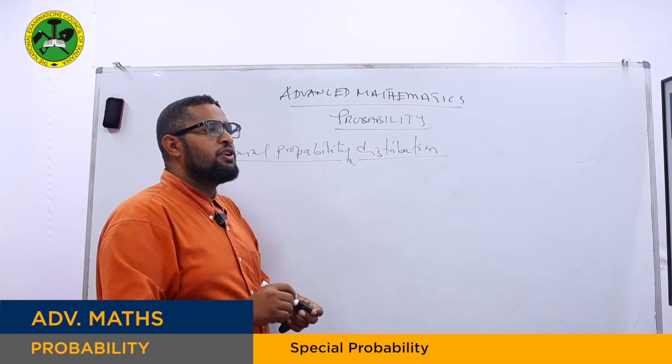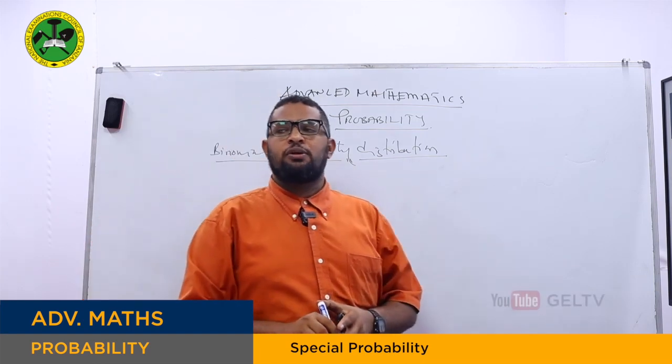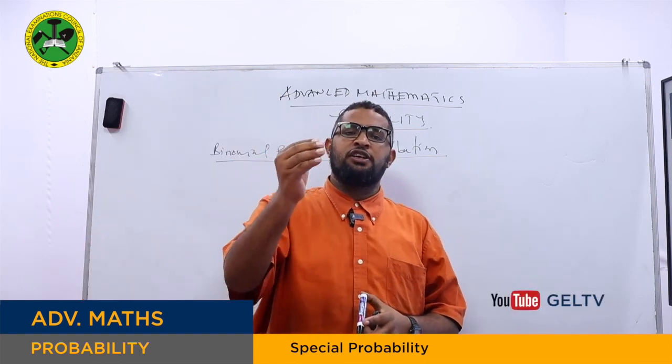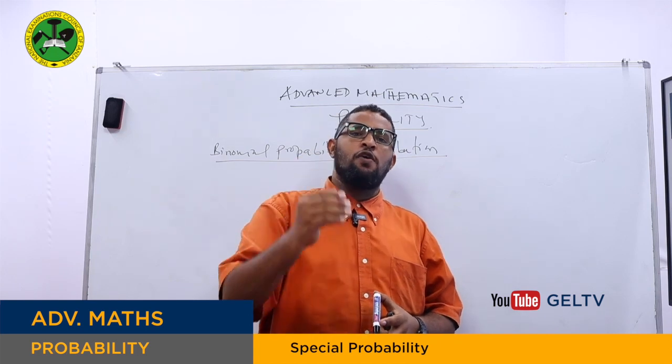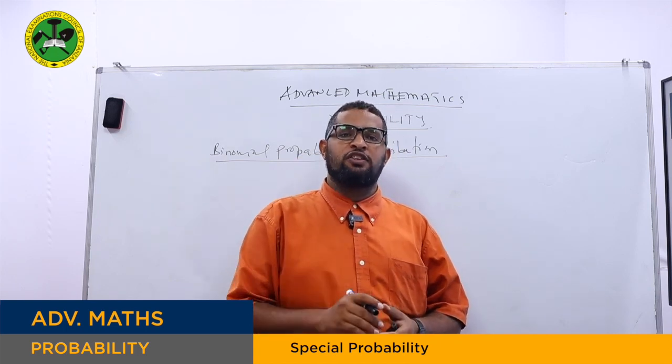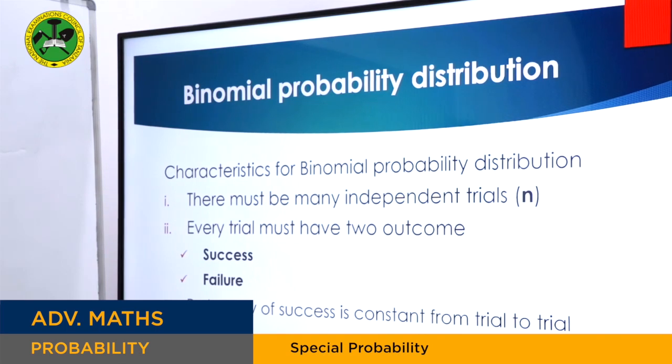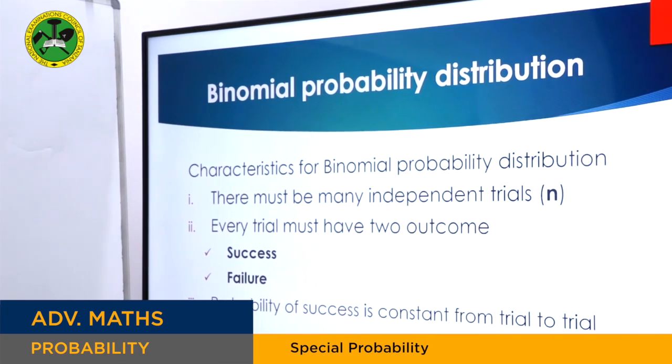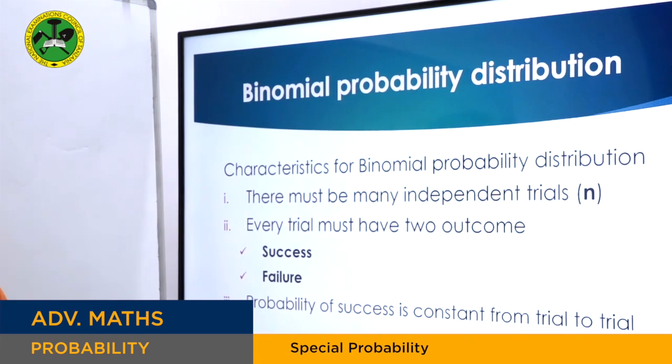In binomial probability distribution, we have some characteristics that you need to understand or remember. I'm sure you have gone through them in normal classes. Binomial probability distribution has three characteristics.